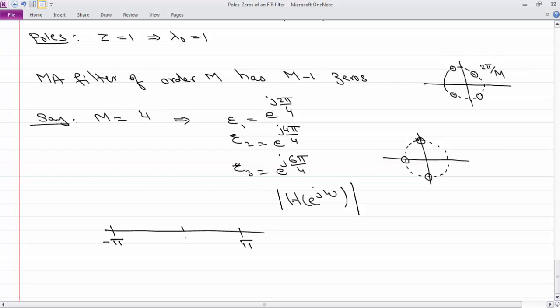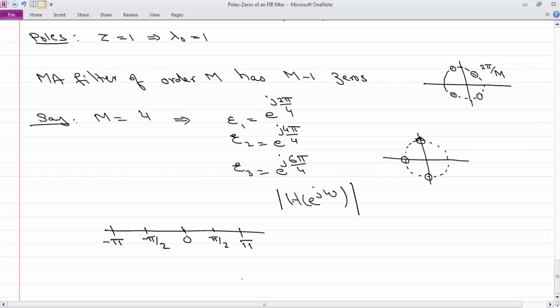This is 0. First of all, I know the directions of these zeros. One zero is at pi by 2, one zero is at pi or minus pi, it's both the same, and the other zero is at minus pi by 2.